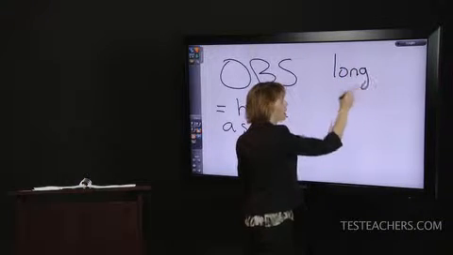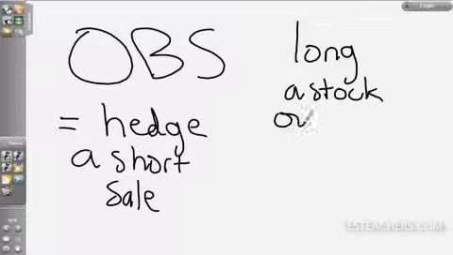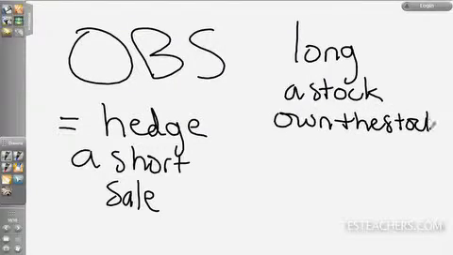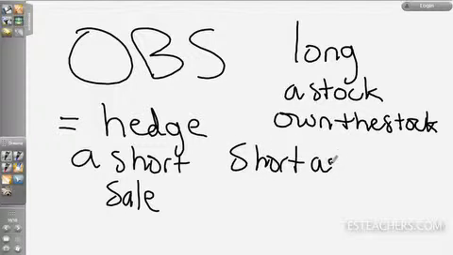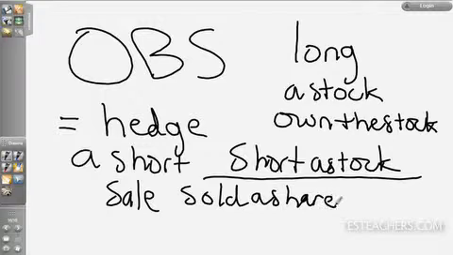If you are long a stock, it means that you own the stock. So that one's not hard. But if you short a stock, what that means is that you have sold a share you do not own, but a share you have borrowed. You sold a share you have borrowed.